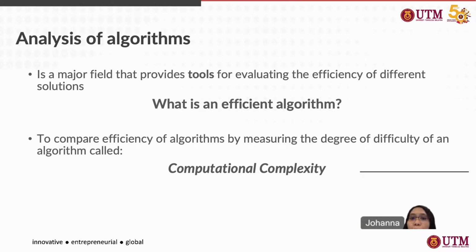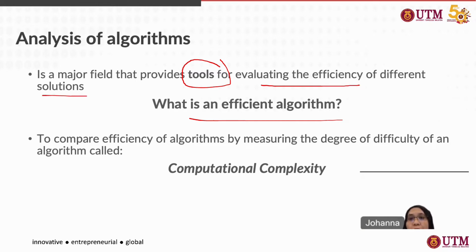If you're talking about what an efficient algorithm is, in software engineering we have measurements to evaluate the effectiveness and the efficiency. An efficient algorithm is a measure field which provides tools for evaluating the efficiency of different solutions.